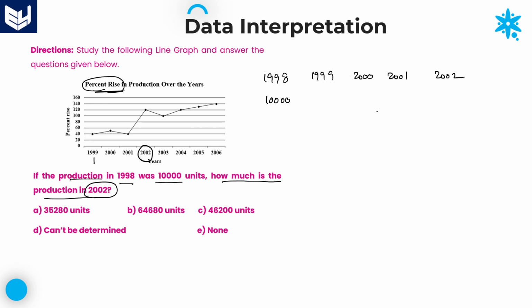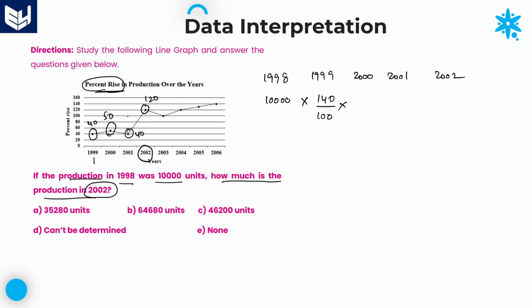So we need to go till 2002. We'll start with 99. In 99, the percentage rise is 40 percent. It means 40 percent increase compared with the previous year. So it is 140 percent. And next in 2000, the value is increased by 50 percent. This is 40, this is 50, this is 40 and this is 120.